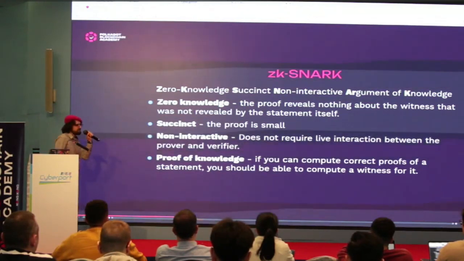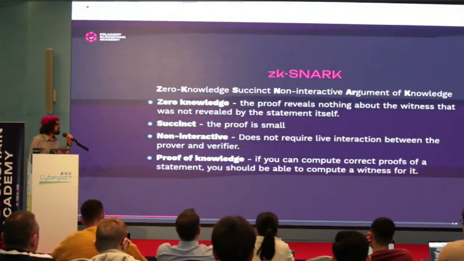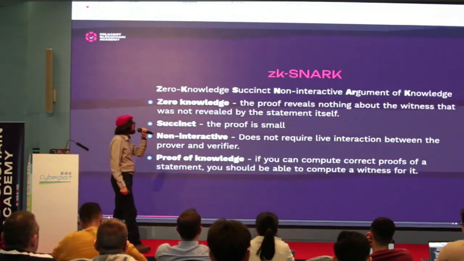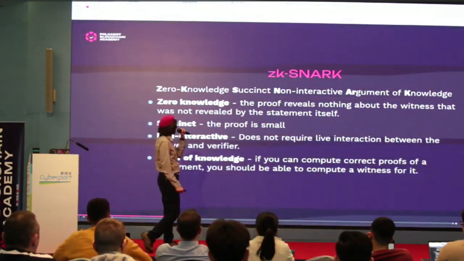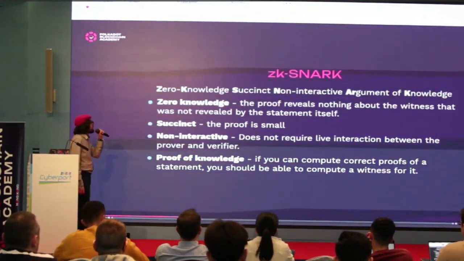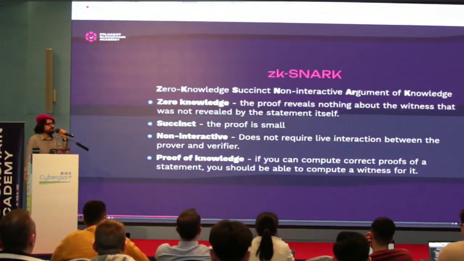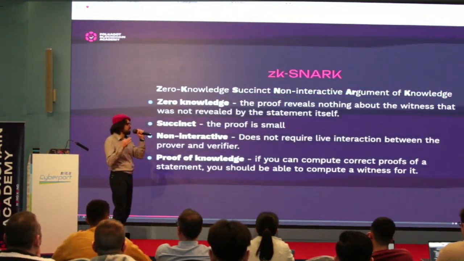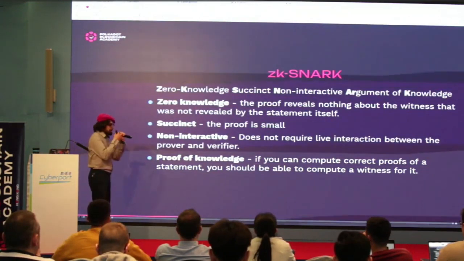So they are zero knowledge, or they could be made zero knowledge, in a way that when you send the proof, it reveals nothing about the secret input that the statement didn't reveal. The statement says r and s are the factors, but more than that, it shouldn't reveal anything.